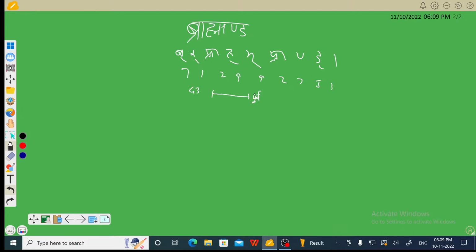This is the total manifestation line of the flow from Surya, the sun, and this much is Brahmand.